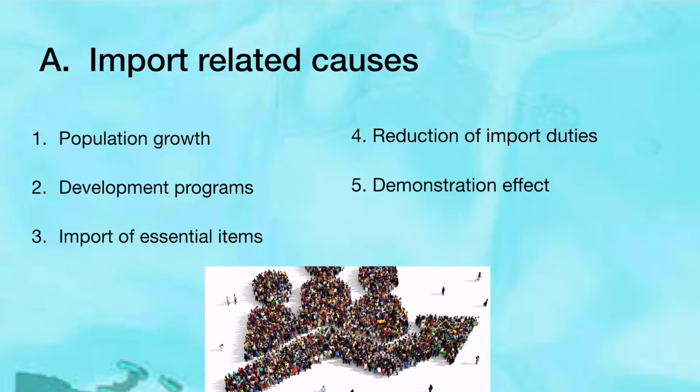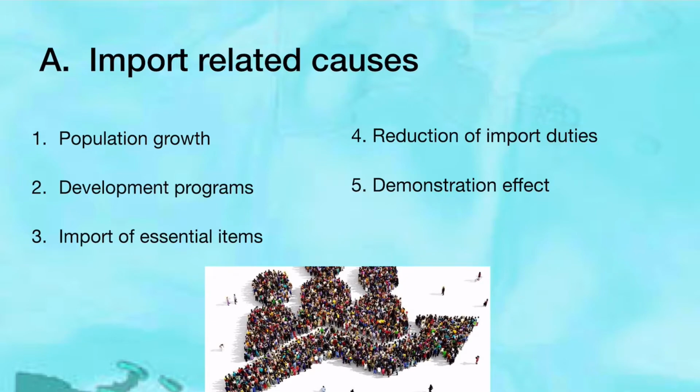Next is development programs. Every 5 years the government plans the 5-year plans, right? Or annually also the government of India makes a lot of developmental programs. Usually in every developing country these programs are made.